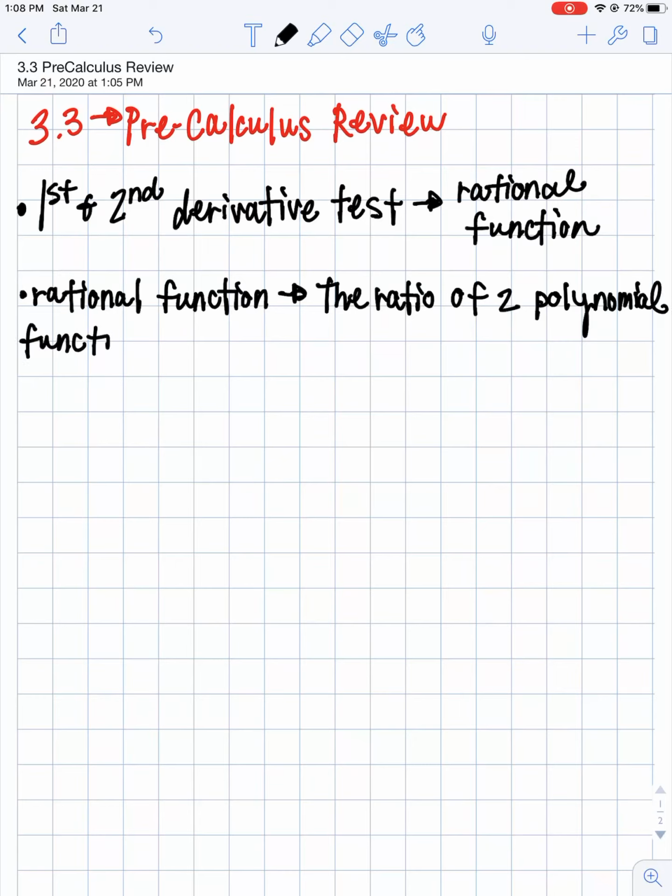And so let me give you some examples, because examples make more sense a lot of times than definitions in my opinion. So an example, f of x equals 1 over x. Guys, that is the most simple rational function there is. It's technically a rational function because there's a variable located in the denominator. That's pretty much the key. If there's a variable in the denominator, it is a rational function.